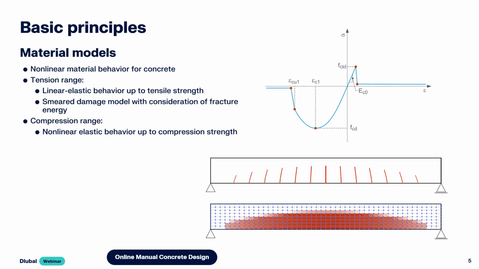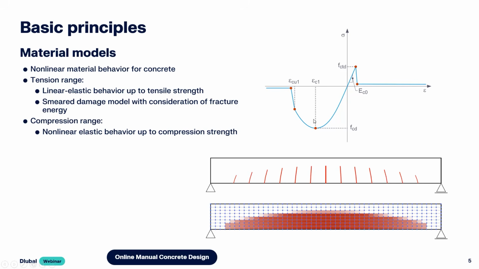In addition, for compression, nonlinear elastic behavior is implemented up to the point where the compression strength is reached. Under loading, we follow this nonlinear curve. Upon unloading, we return to the origin. And again, upon reloading, we follow the same curve.